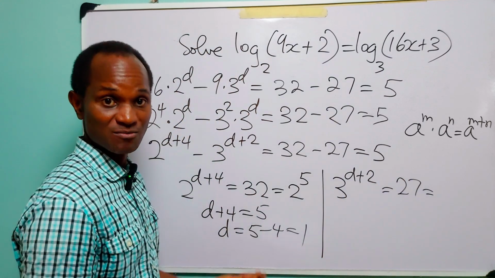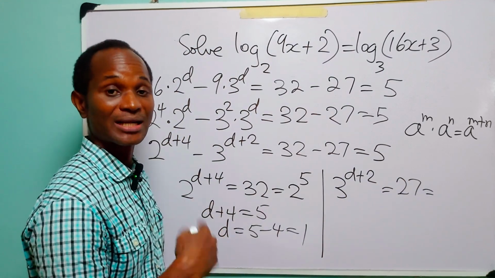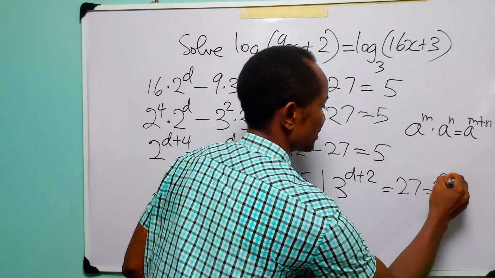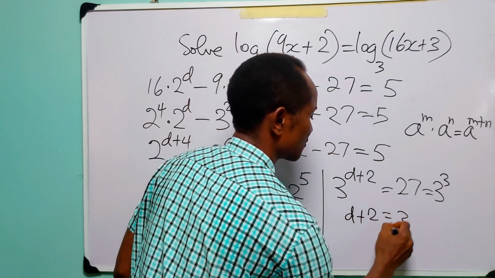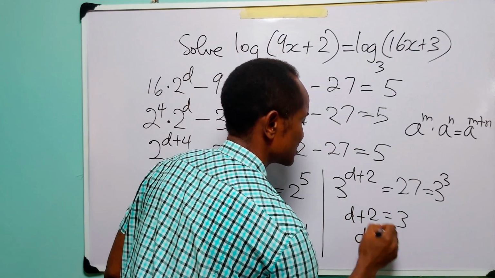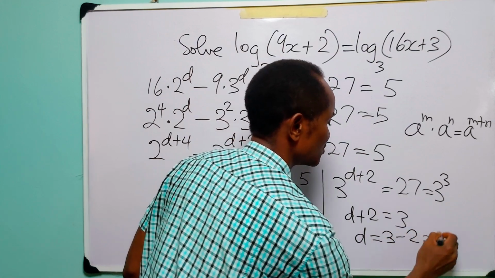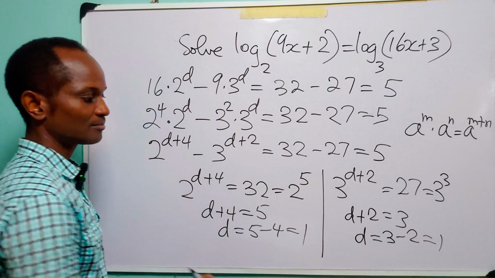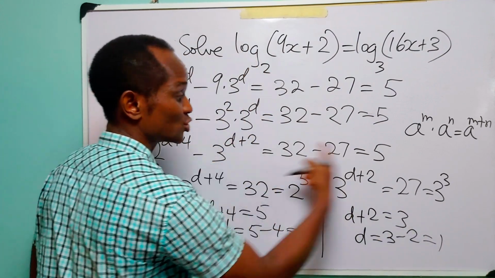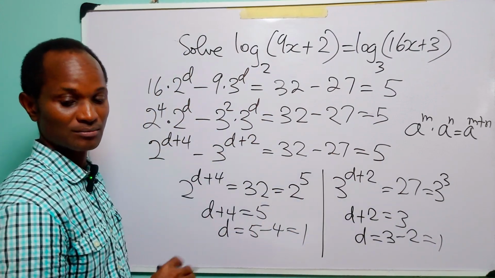But 27 once more is 3 to the third power, that is 3 cubed. So we have that d plus 2 is equal to 3, from where d is equal to 3 minus 2, which is 1. So you can see that obviously d equal to 1 is a solution to this equation.